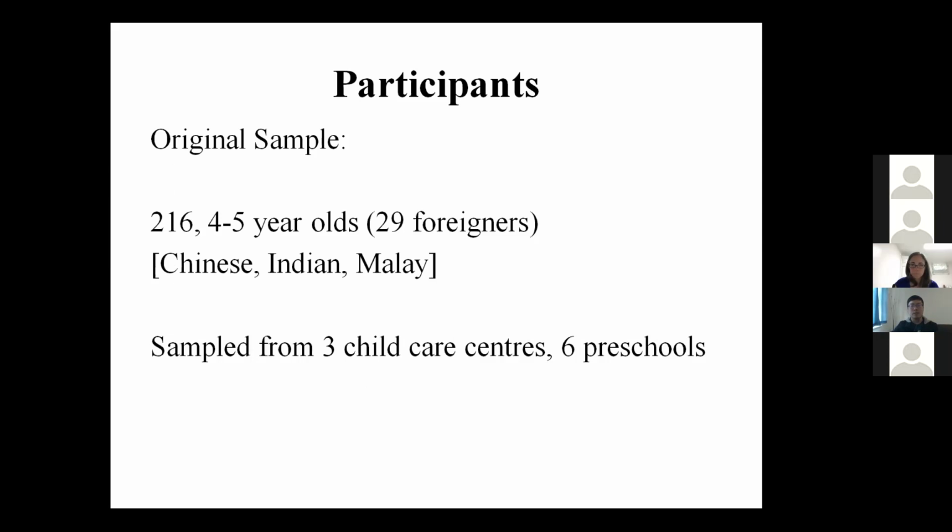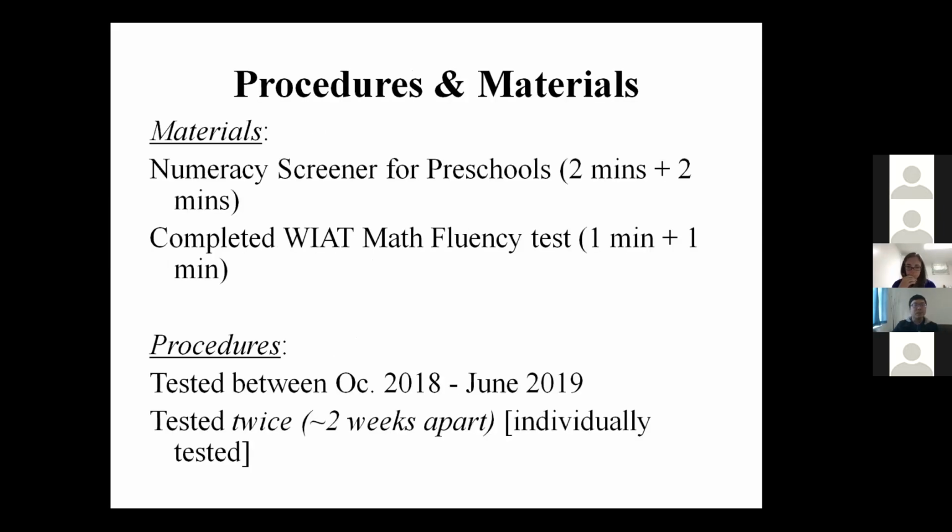We went to 3 childcare centers and 6 preschools for this recruitment. For this study, we used the numeracy screener, the kindergarten version. So we asked the children to finish the symbolic section for 2 minutes and another 2 minutes for the non-symbolic one.